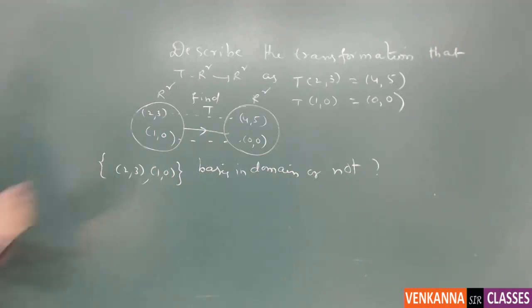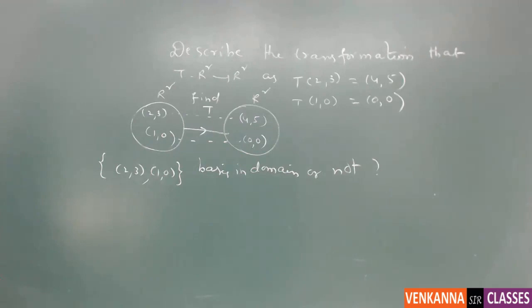Please take a note of that. Whenever you want to define a transformation such that it changes this point to this point, the fundamental criterion is that the domain vectors you are considering must be a basis. Then only you can find a transformation explicitly. Otherwise, it is not possible. Okay?